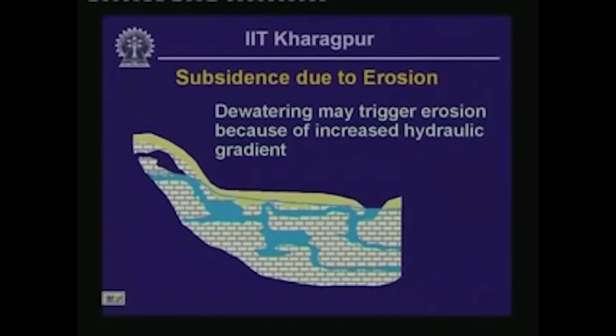Then what happened actually at this site, a water well was installed at this location, and with operation of this particular water well, the groundwater table went down, and you can see that the slope of the groundwater table in the vicinity of the water well has increased quite significantly, and this triggered erosion of the surface sediments indicated by light yellow color, and the underlying limestone here is indicated using a blocky brick-like shading.